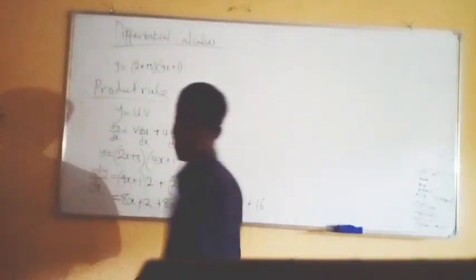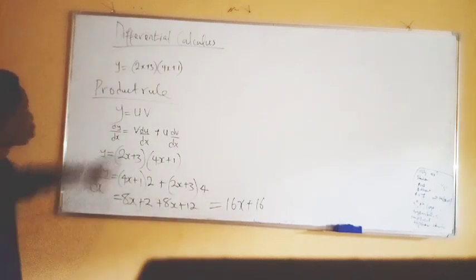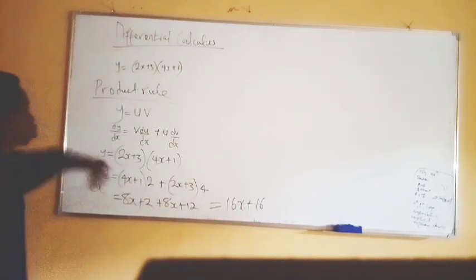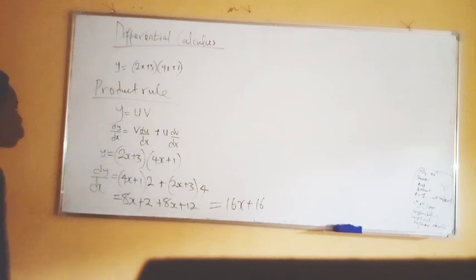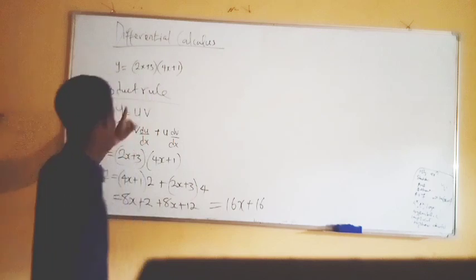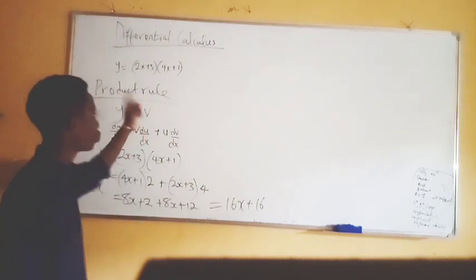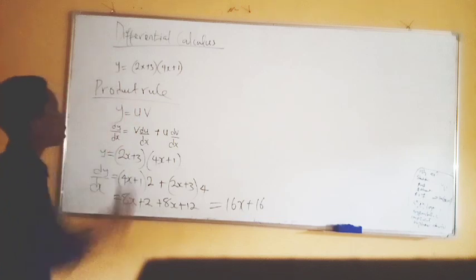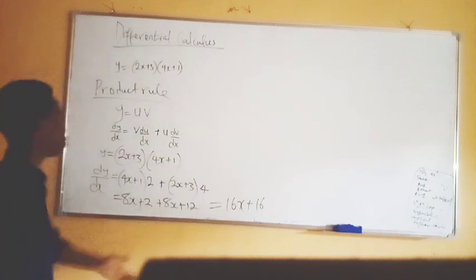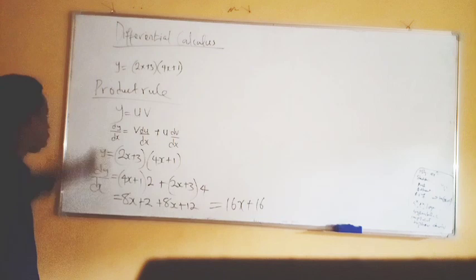So this is the answer when you differentiate this function. So this is simply how the product rule works. You take one term and multiply it by the derivative of the other, and then take the other term and multiply it by the derivative of the first one. That gives us a very clear explanation as to how the product rule works.